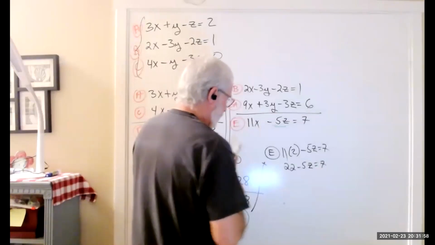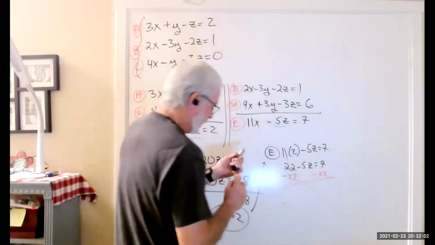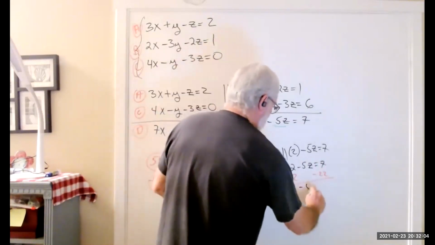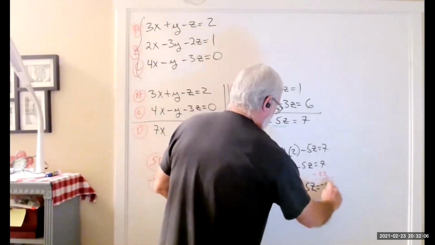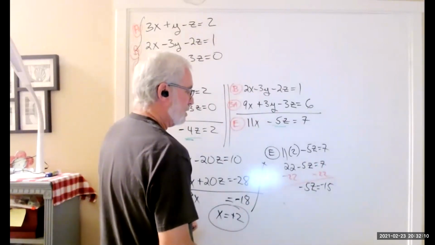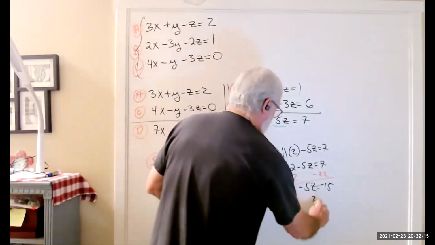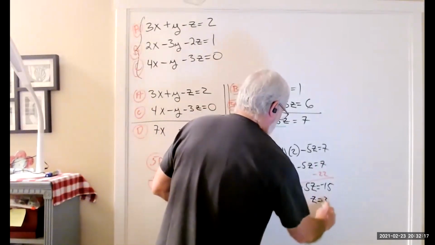If I take 22 away, I get negative 5z equals negative 15. Is that right? 22 take away 7 is 15. So divide, I get z is 3.